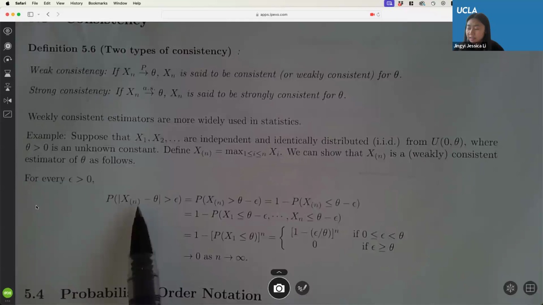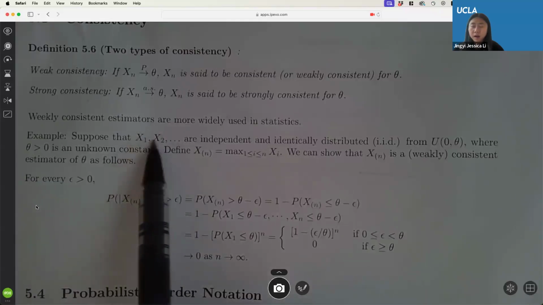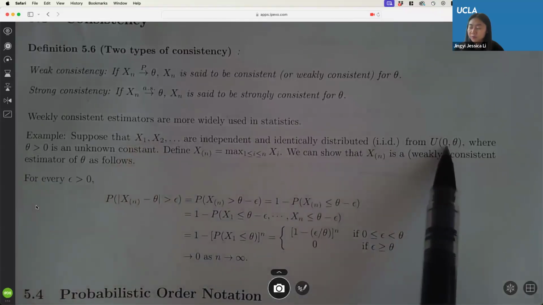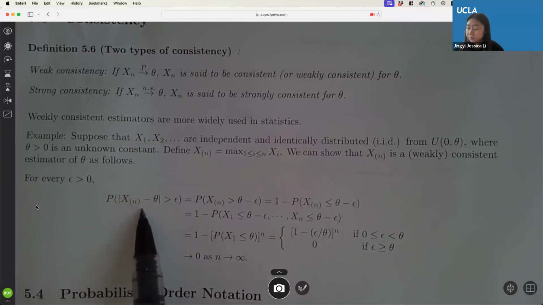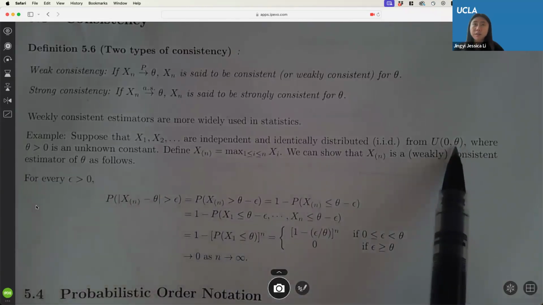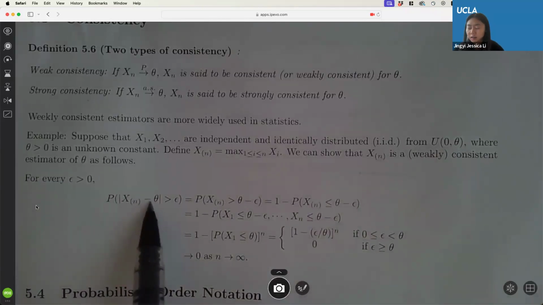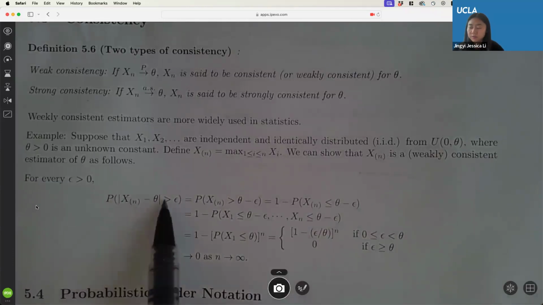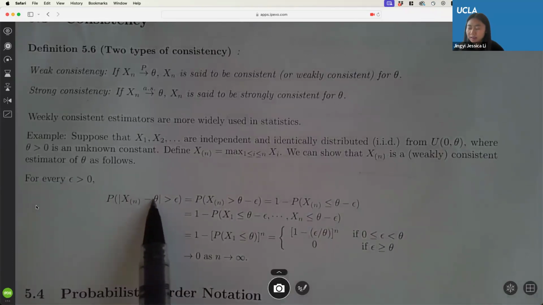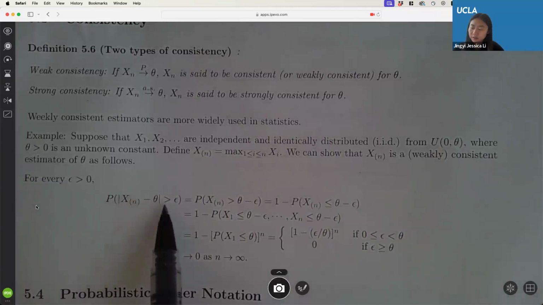Since x1 to xn must all be positive, as this domain is from 0 to a positive theta, and they must all be under theta, because theta is the maximum, this violation, the absolute value of xn minus theta, if you open it, becomes theta minus xn, because we know xn is under theta.